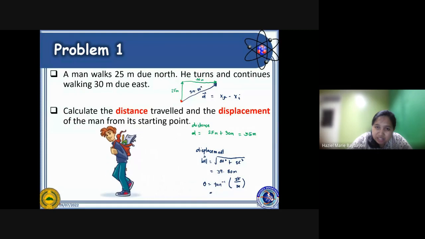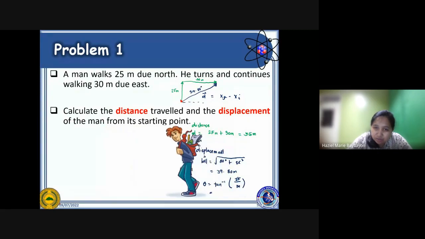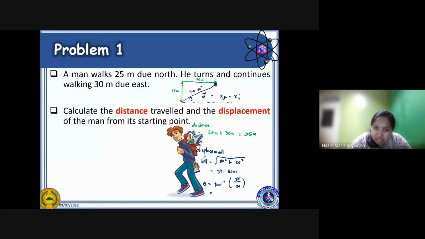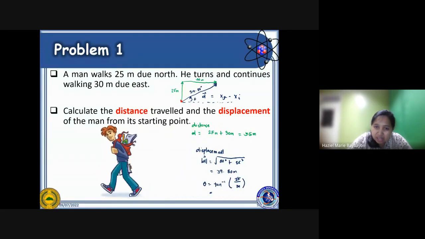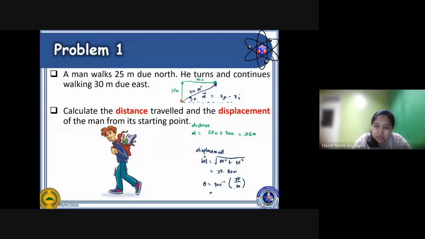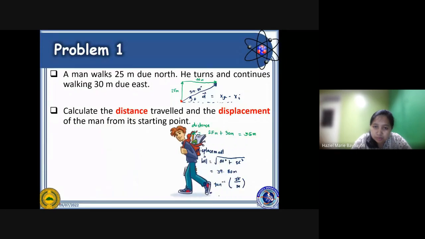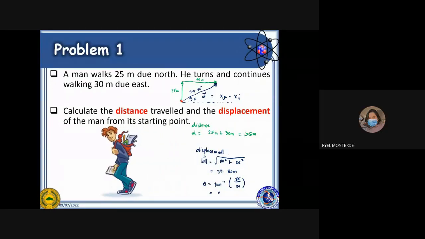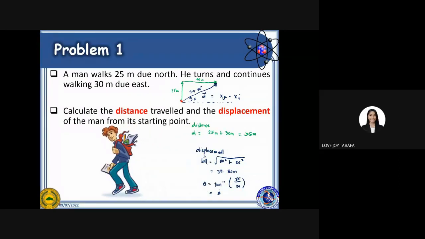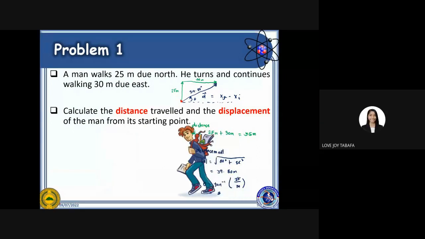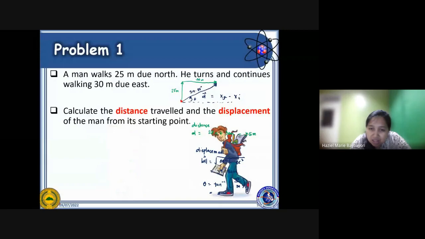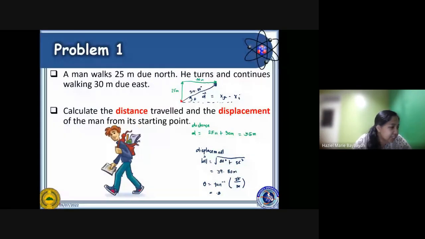Then for its direction, let us define a horizontal axis here. And then we can get its direction, theta. So you have tangent inverse of 25 over 30. Please check if your calculator is in degrees or radians mode.